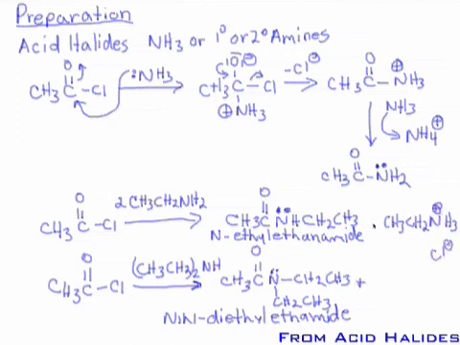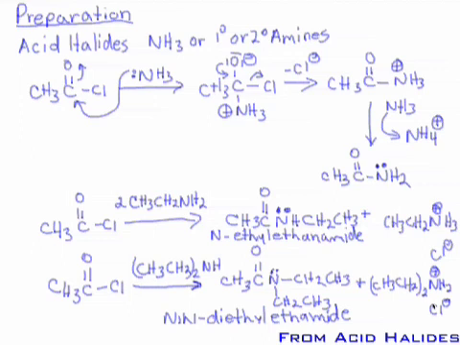And in this case, you'd get a CH3, CH2, bracket twice, NH2 positive, Cl minus. So, okay, so N-diethyl ammonium chloride.